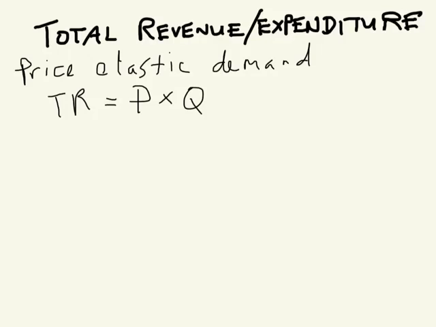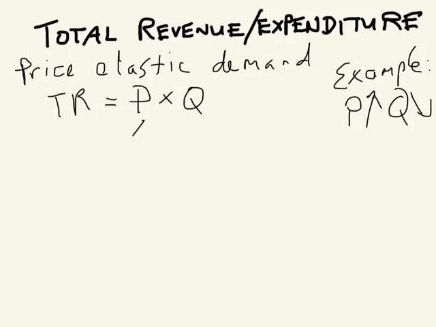And let's just talk this through for an example where price goes up and quantity goes down. Okay, so let's think about this price elastic demand. Price goes up. Well, what's going to happen to quantity? It's going to go down, and indeed it's going to go down by more than the price goes up.